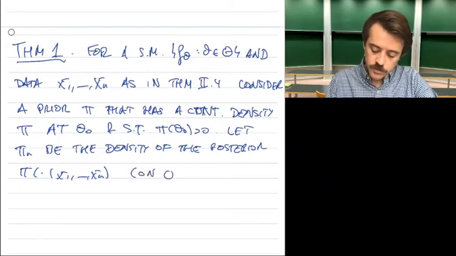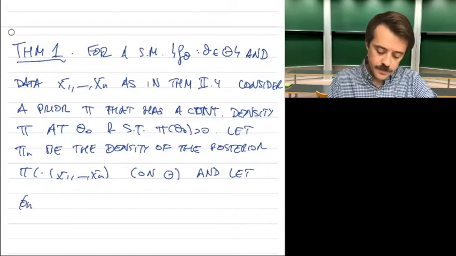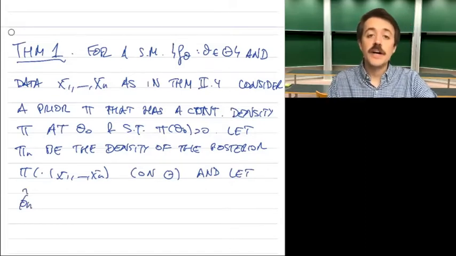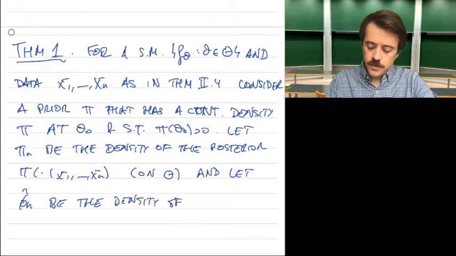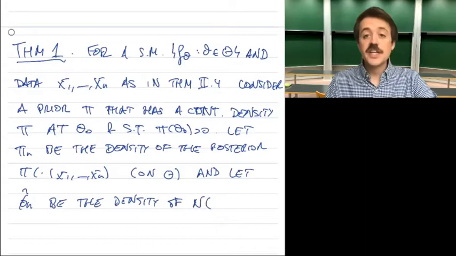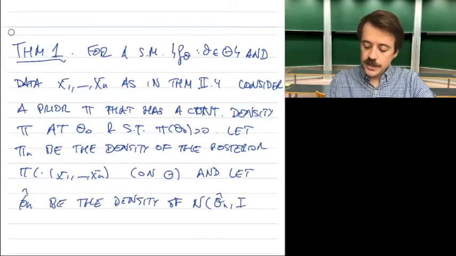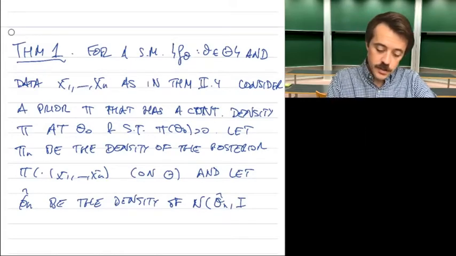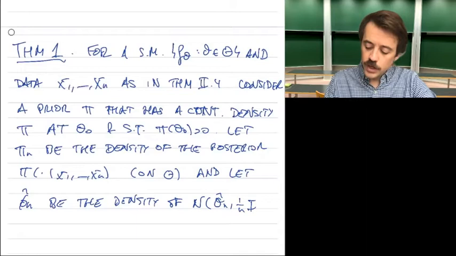And this is of course on capital Theta, and let also, just for conciseness, write lowercase phi n be the density of a normal distribution that is centered around the MLE, and that has variance equal to 1 over n of the inverse of the Fisher information matrix.